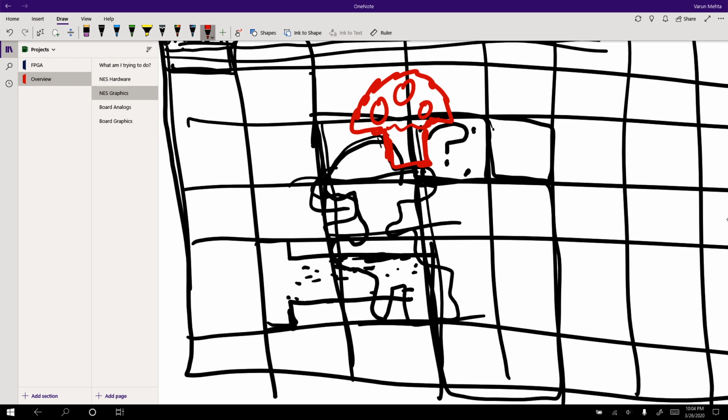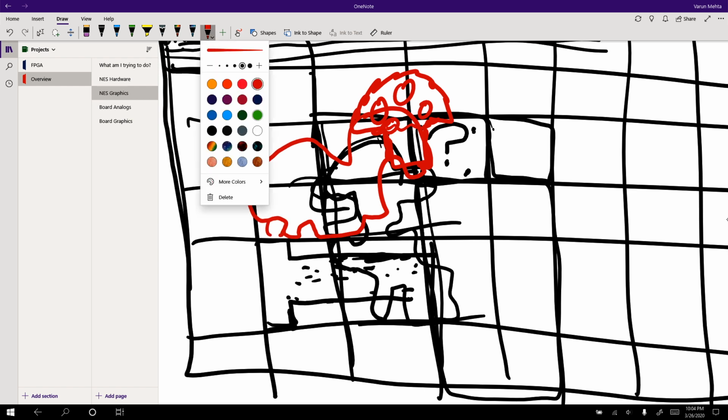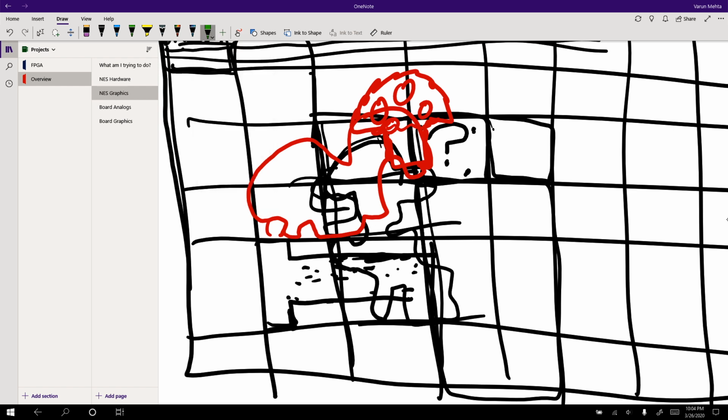And then on top of that, you could have a Koopa Troopa that you want to draw over here. I'm not very good at drawing any of these things. And then there could be a piranha plant somewhere around here, doing its piranha plant thing. And so a lot of these sprites will overlap.